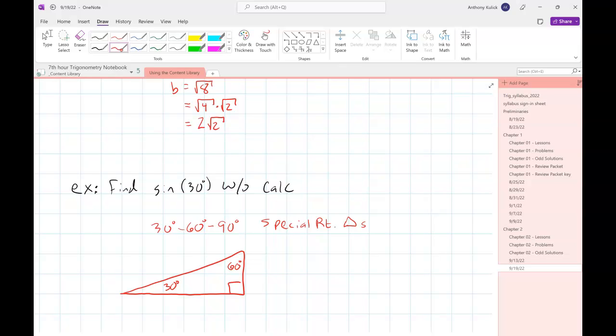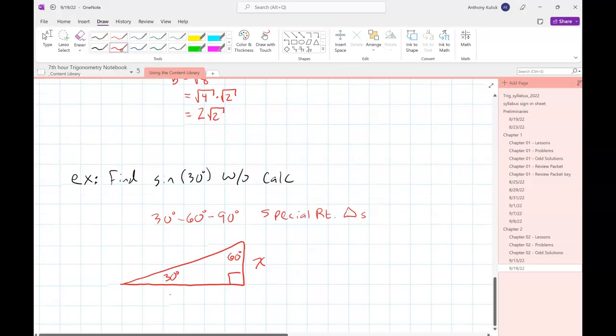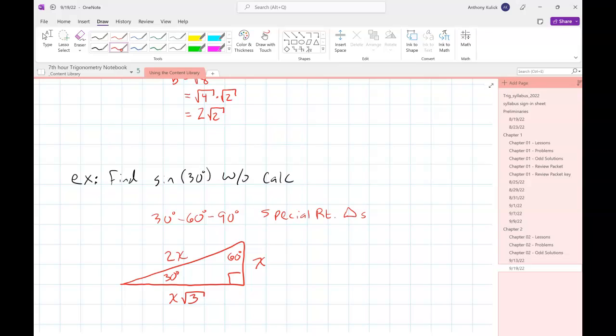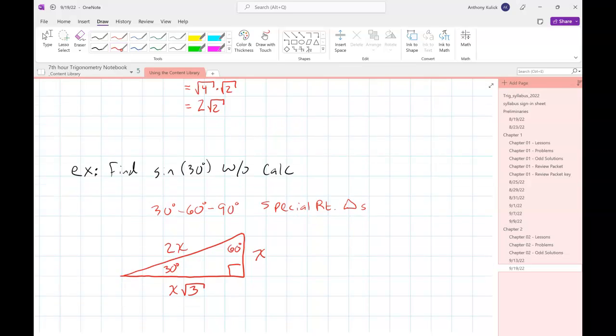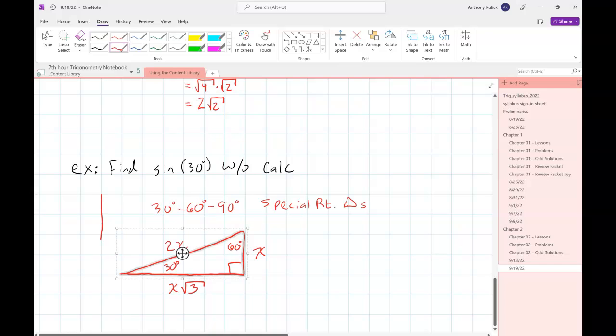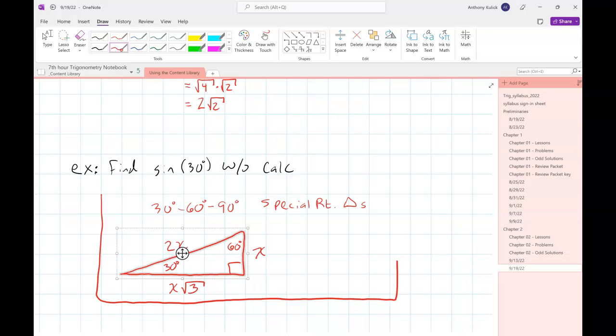So the ratio of side lengths, the short side is x, the medium side is x root 3, and the long side is 2x. Should you remember this? It's nice. It's going to come up again in a couple of sections.